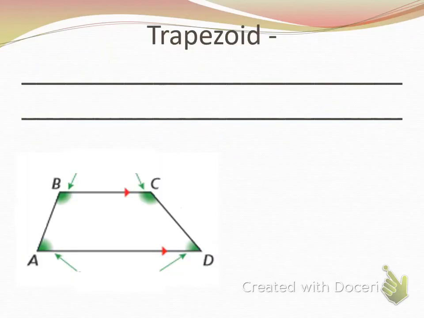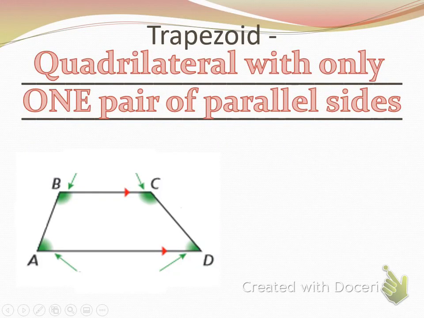A trapezoid is a quadrilateral with only 1 pair of parallel sides. So I want you at the bottom to label a trapezoid. It is a quadrilateral with only 1 pair of parallel sides. It is not a type of parallelogram because it only has 1 pair of parallel sides. We're writing it at the bottom.